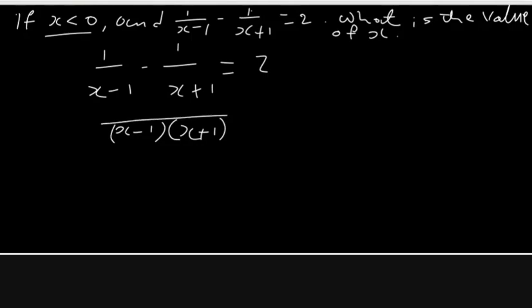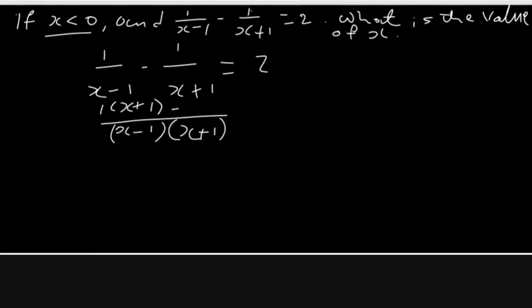Dividing by x minus 1 gives us x plus 1, so here is 1 times x plus 1.